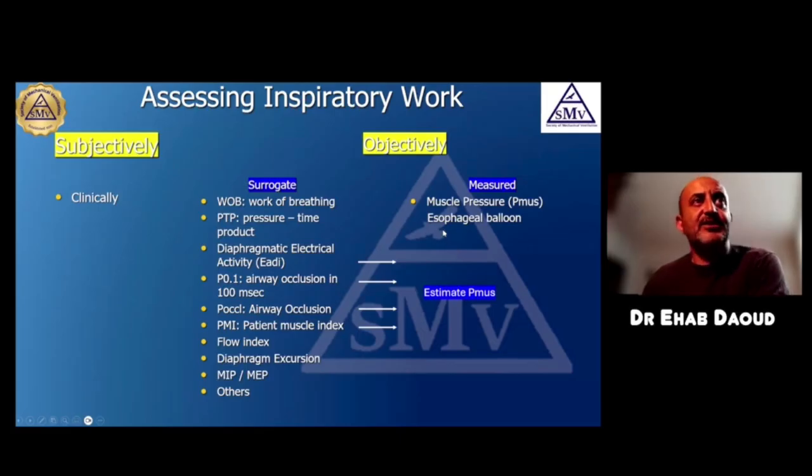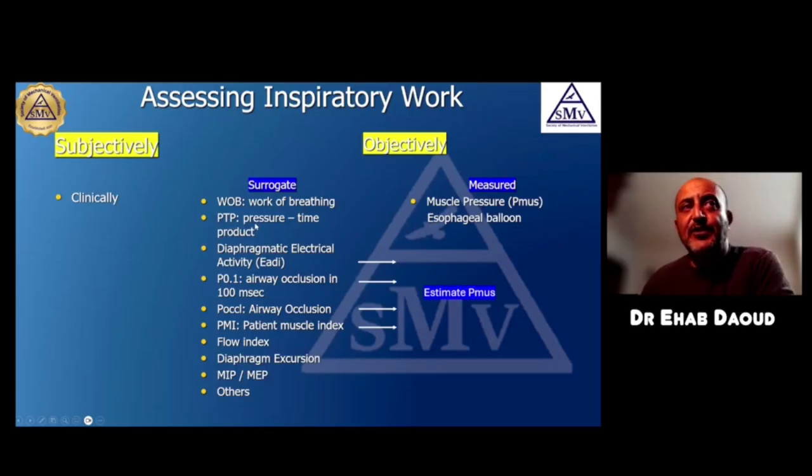We all love numbers. So there are some surrogates of the patient's inspiratory effort, and there's a real measurement of the patient effort. The surrogates, which we use a lot at the bedside, are the work of breathing, and I'm going to go through each one very briefly.